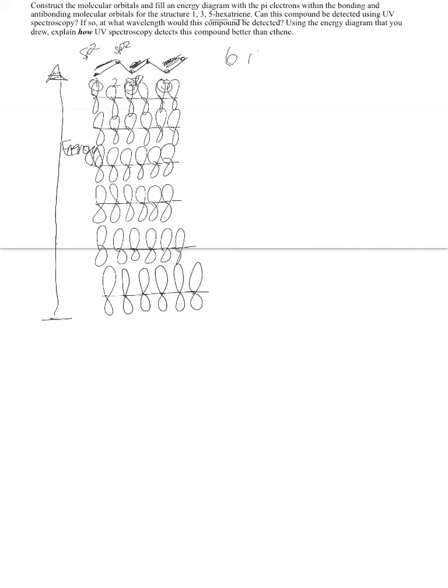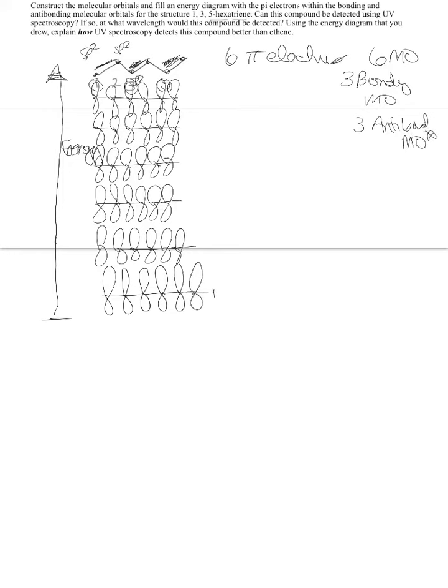So you have 6 pi electrons and you have 6 molecular orbitals. Therefore you're going to have 3 bonding molecular orbitals and 3 anti-bonding molecular orbitals, and these are usually denoted by a star.